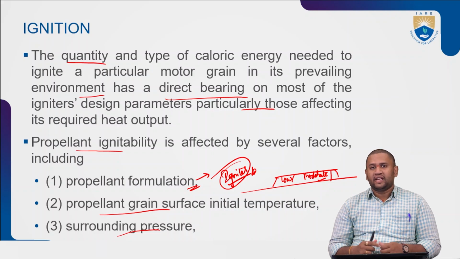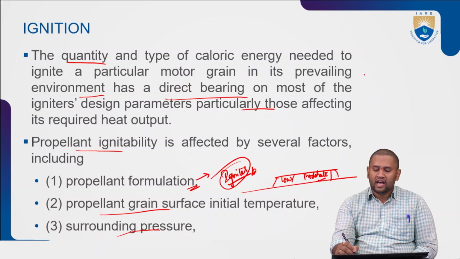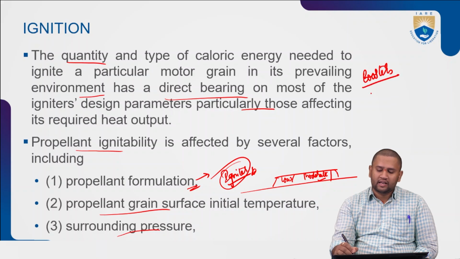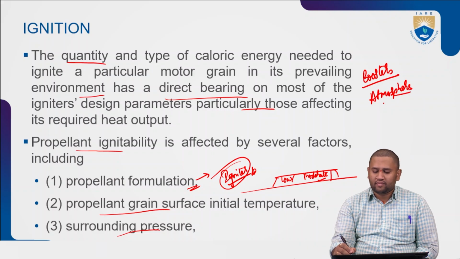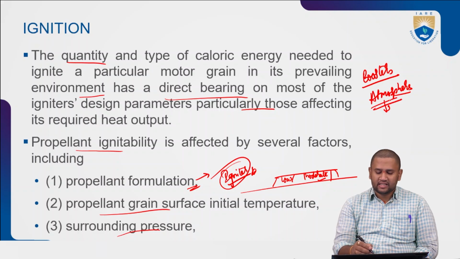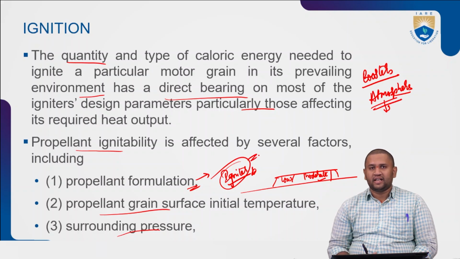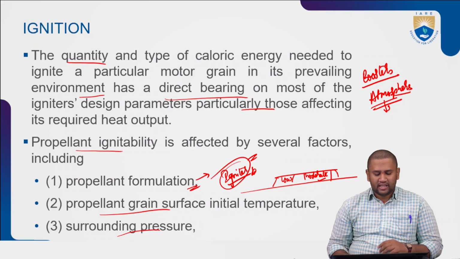For example, the majority of solid rocket motor boosters are used as boosters in the atmosphere, particularly during initial launch stages, the lower stages. What happens during that? The pressure will be equivalent to the atmosphere, but the only thing that changes is the igniter pressure. Based on what type of igniter we use, the pressure inside the chamber changes.